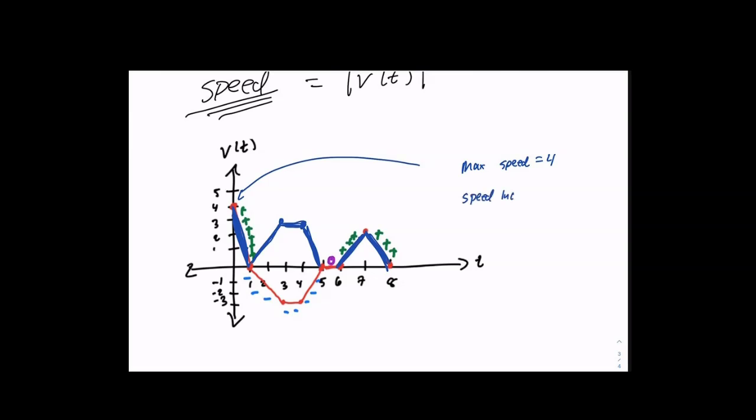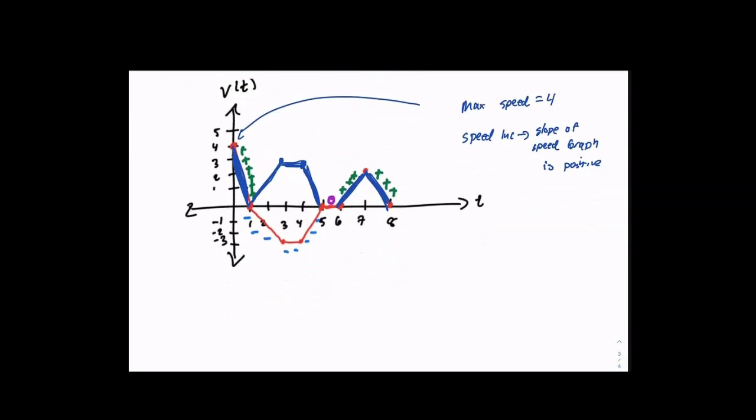Speed increasing means that the slope of the speed graph is positive, which happens right here and right here. Do you see how on this graph of speed the slopes are positive here and here? Does everybody see that?